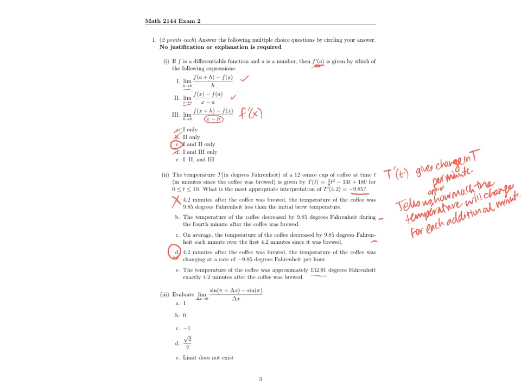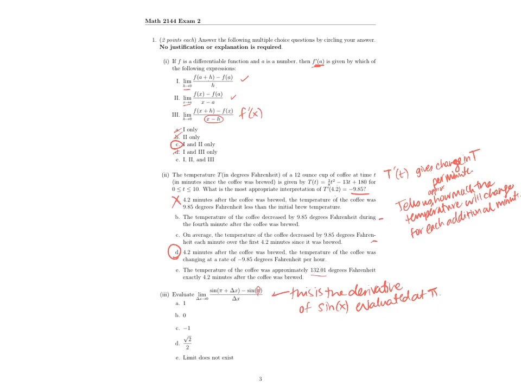Okay, evaluate this limit. And so I think the thing to realize is that what this is the derivative of sine evaluated at pi. And so, we're going to use that fact.